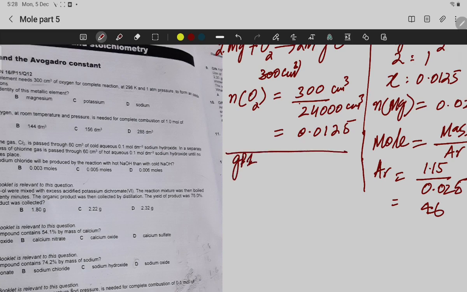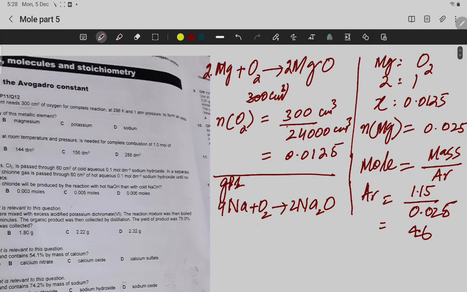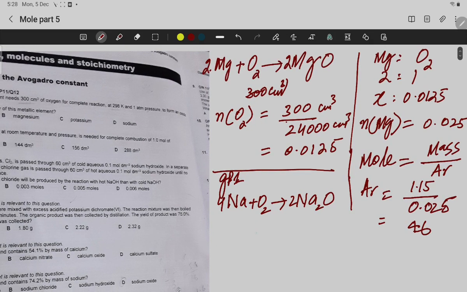Group 1, sodium: Na plus oxygen to form sodium oxide. So balance the reaction to 4. And we know the moles of oxygen: 0.0125 is the mole of oxygen.